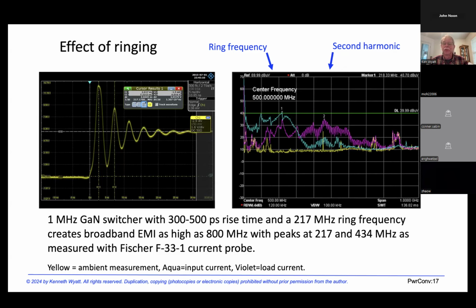Interestingly, you can also see the second harmonic of that ring frequency at 434 megahertz, and there are other peaks higher in frequency that I'm not showing. On the right-hand plot, we're looking out to a gigahertz, and you can see broadband noise extending out to around 600 or 700 megahertz.